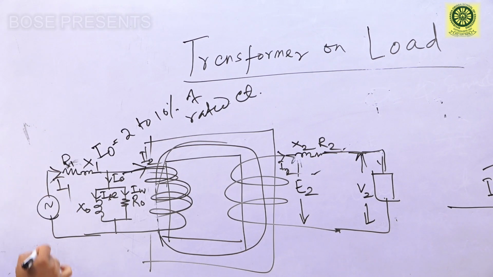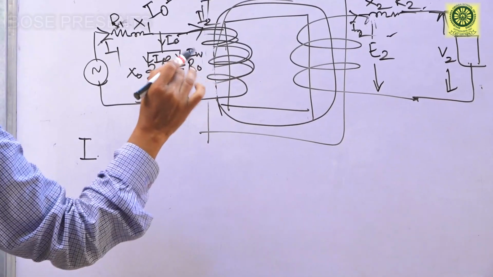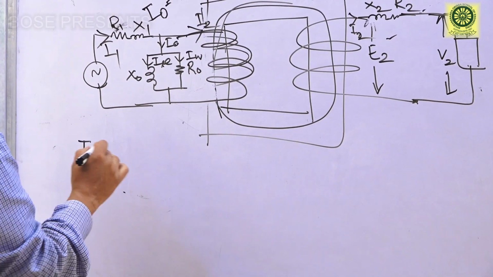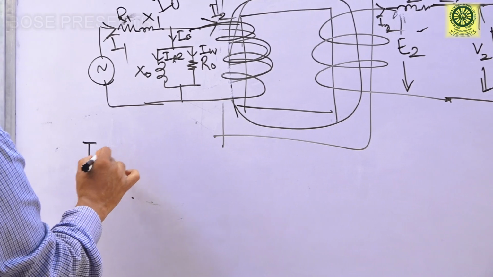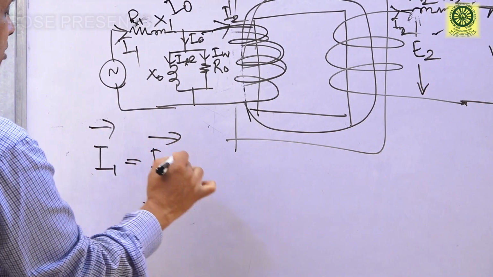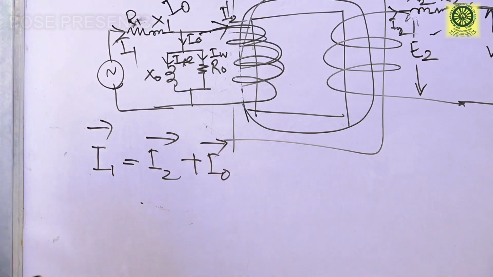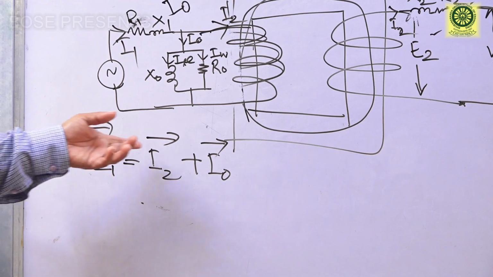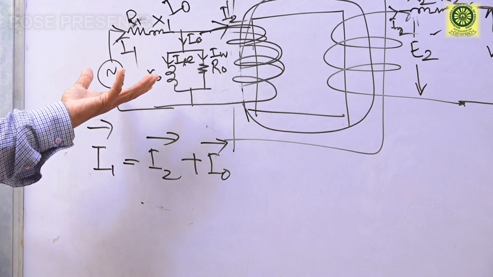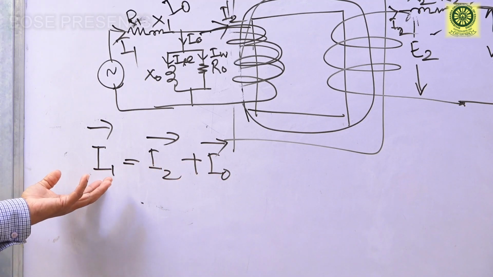So we can say that on full load I1 is equal to I2 dash plus I0. This addition is not simply algebraic addition, it is a vector addition between I2 dash and I0, which gives rise to I1.